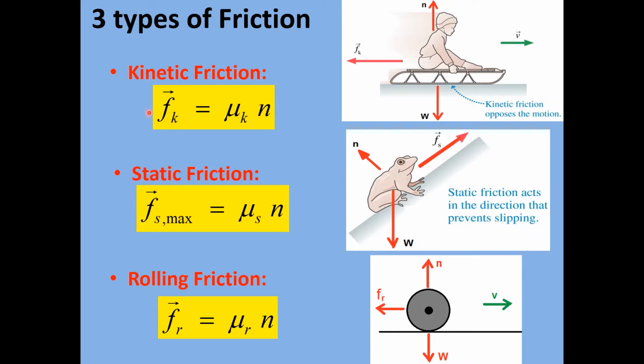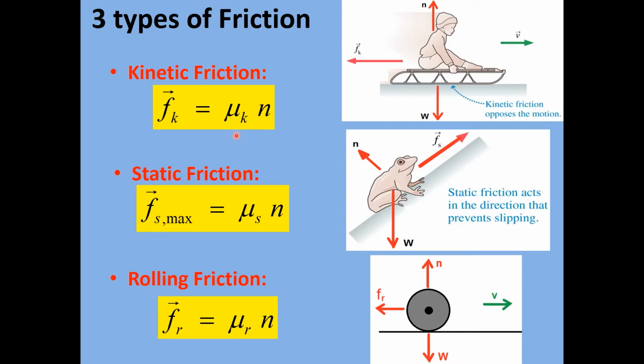Kinetic friction is designated as F sub k, where the k just reminds us that it's kinetic friction. The kinetic friction is going to be calculated as a coefficient of friction called mu. So this is mu sub k for the kinetic coefficient of friction, and we multiply that by the normal force.